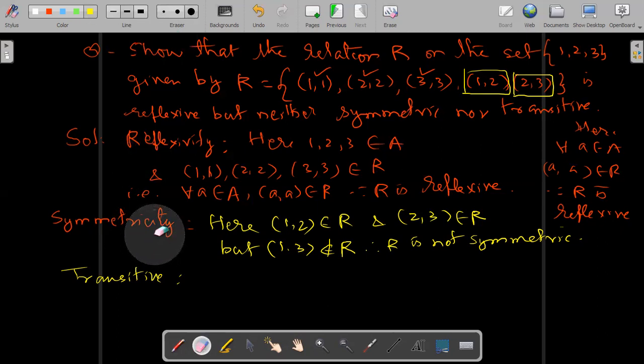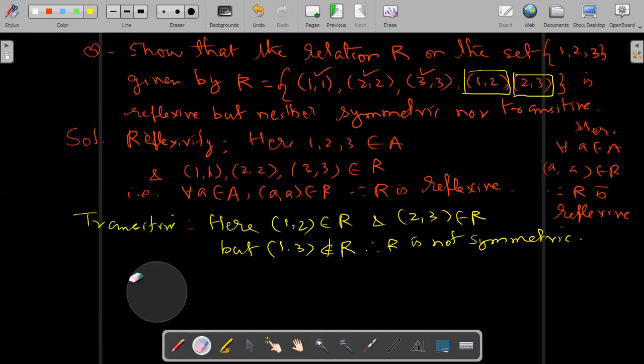This is transitivity: (a, b), (b, c). Now symmetric means (a, b) belongs to R, and (b, a) also belongs to R.